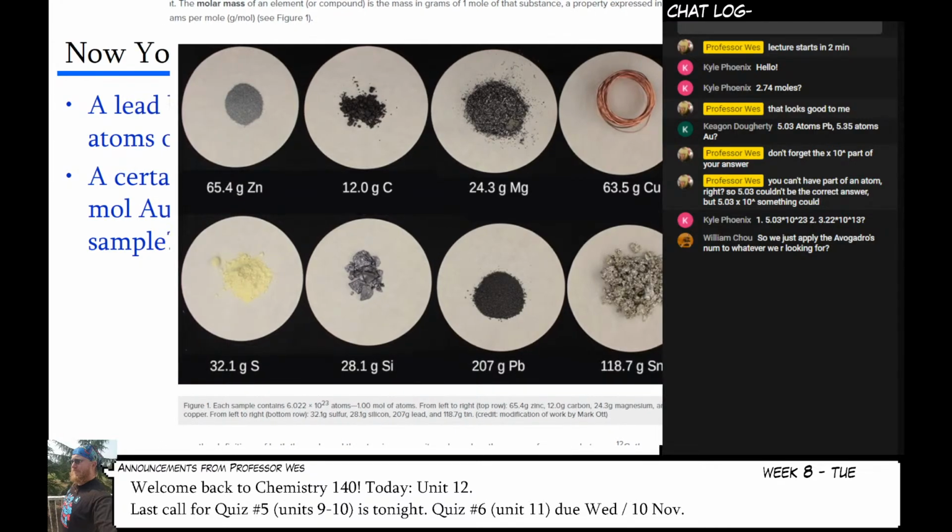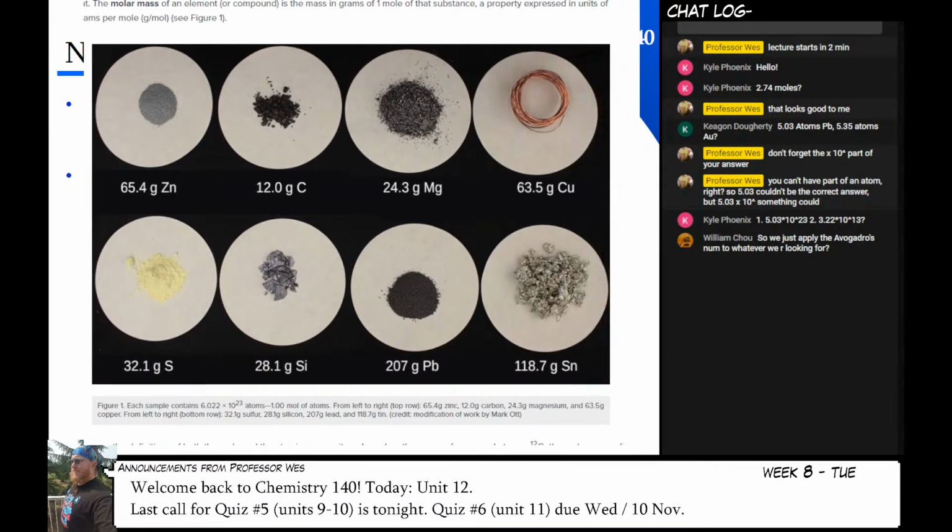On the screen here, I have various substances, and I've weighed out 1 mole of them. And these numbers might look pretty random to you. You might think, well, why did you pick these numbers? Why 24.3 for magnesium? Why 12 for carbon? Why 65.4 for zinc? Well, there's a reason for that, and these numbers might look a little bit familiar.